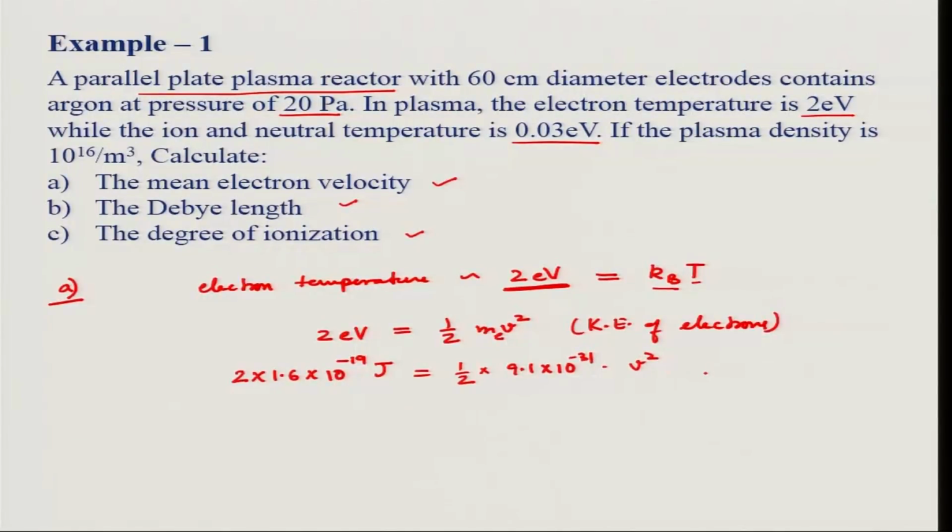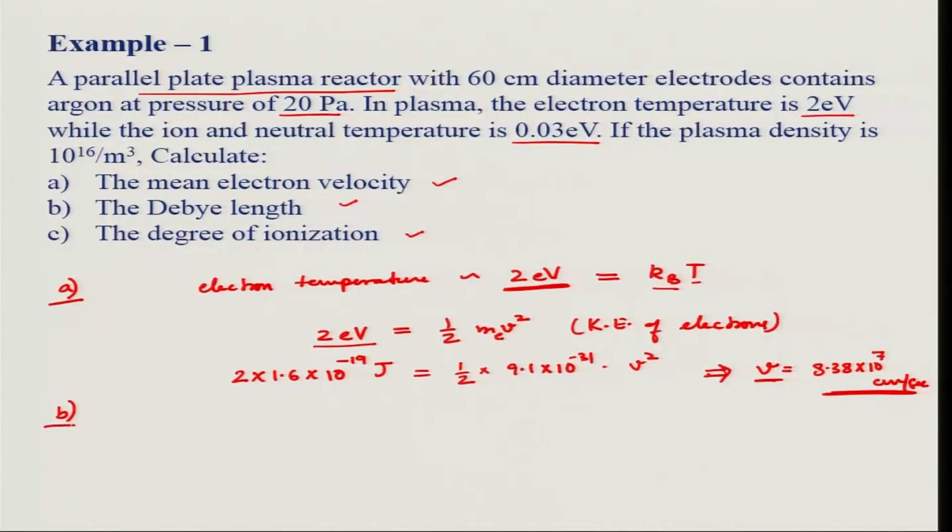We can solve for v from this. v is equal to 8.38 times 10 to the power 7 centimeter per second. So, this is my mean electron velocity, because this is the average energy, so we get a mean average velocity. This is part A, very simple.